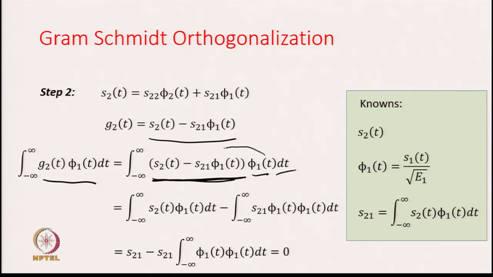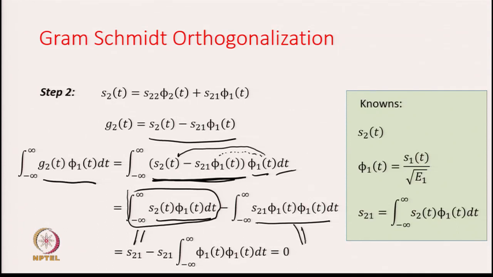So, taking this phi 1 t here, we get this integration, and then multiplying this phi 1 t with this part, we get this expression. And now, by definition, this quantity is s 2 1, and if we look at this, s 2 1 is constant. So, it could be pulled out of this integration.